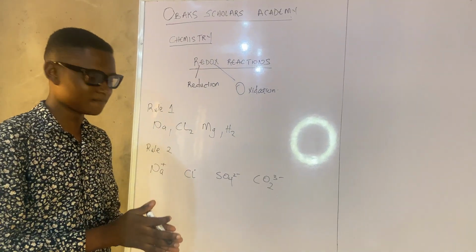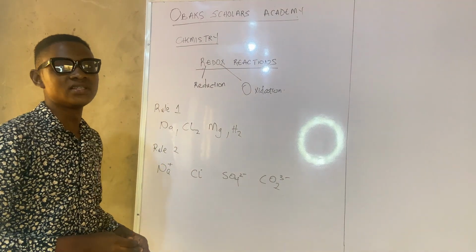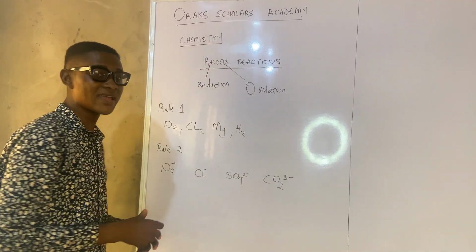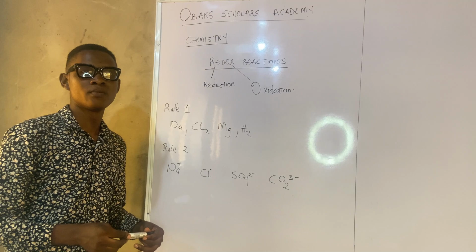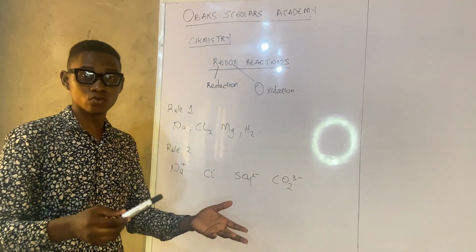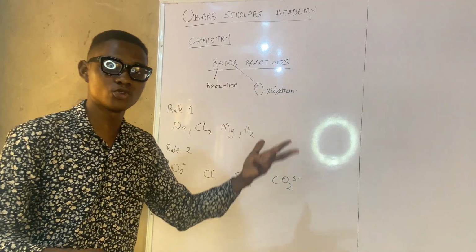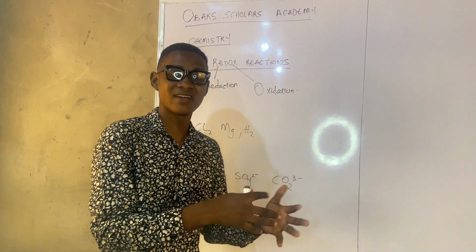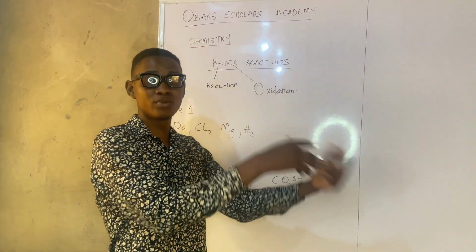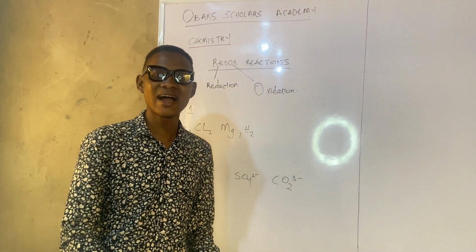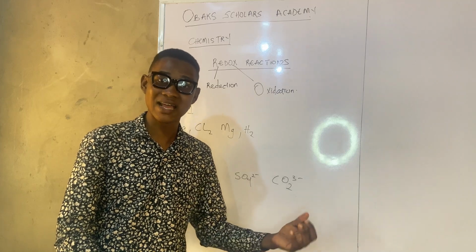Now, do you understand? The next rule that I would like to touch is that there are some groups on the periodic table. We have group 1, group 2, group 3, group 4, group 5, group 6, group 7, and group 8. They have oxidation numbers that are assigned to them.